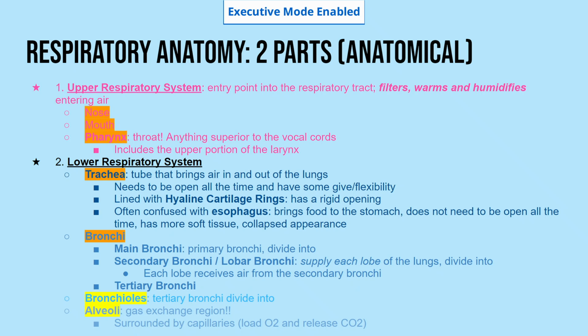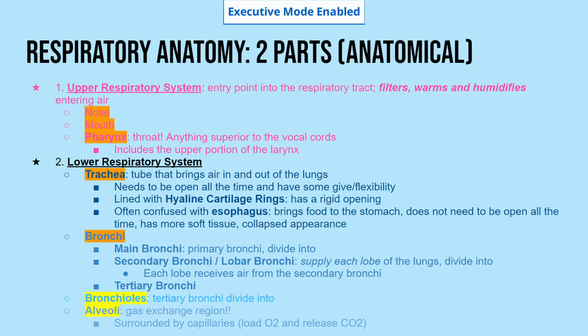Bronchi, there are 3 different types or branches of bronchi. You have the main bronchi, which divides into each lung. And then you have the secondary bronchi, which are also known as the lobar bronchi. So there's 1 secondary bronchi for each lobe of the lung. And then you have tertiary bronchi, which the secondary bronchi branch into.